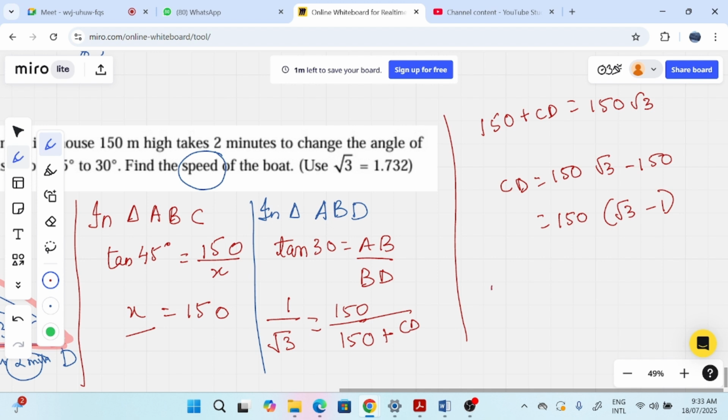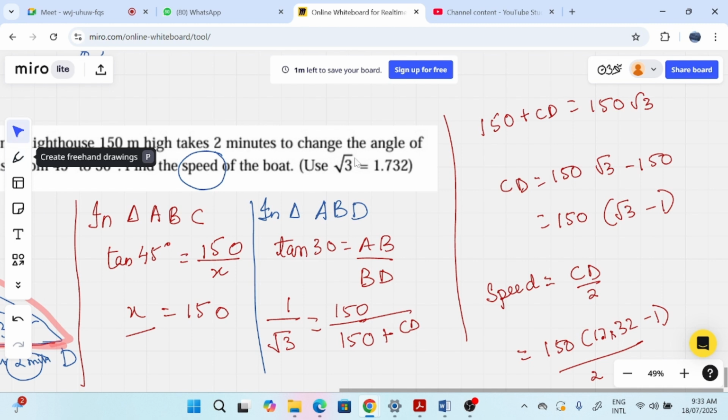Now they're asking you to find speed. Speed is equal to CD by 2 because distance by time. So that is 150 bracket 1.732 minus 1, by 2. How much are you getting?